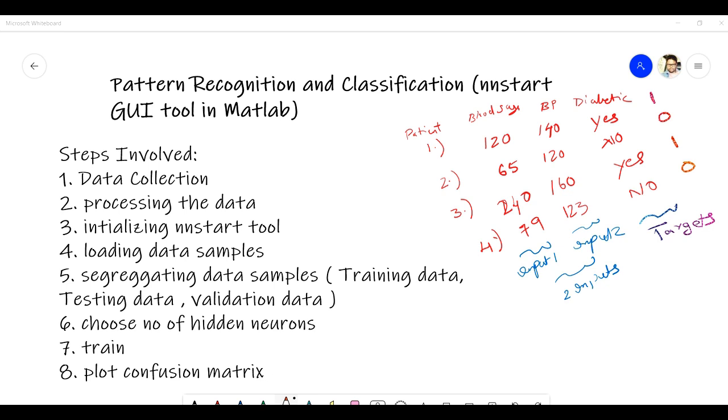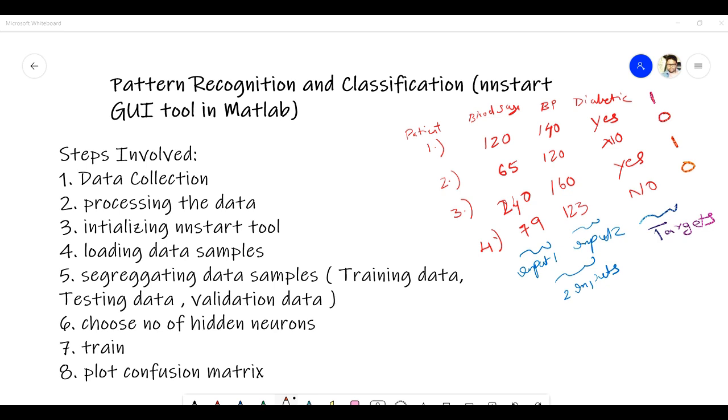The third patient has a blood sugar value of 240 and the BP is 160, and yes, he is diabetic. Patient 4 has 79 blood sugar and 123 blood pressure, and he is not diabetic. So this blood sugar value and blood pressure value are treated as inputs to our classification problem.